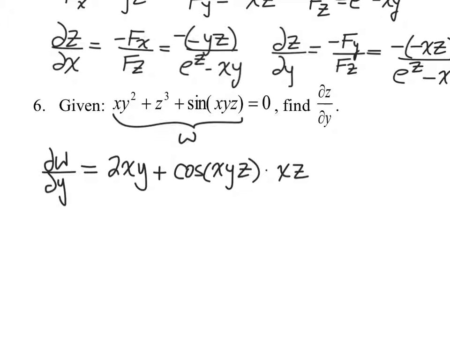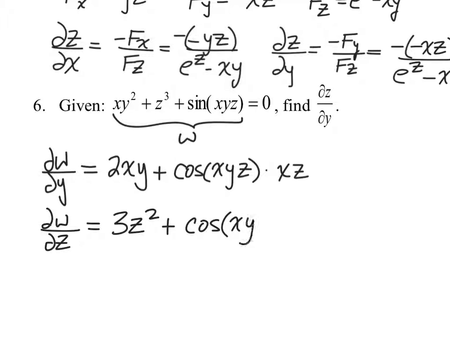All right, so then, I mean, you can clean that up a little bit if you want, but I don't feel the need. Partial with respect to z, 3z squared plus cosine xyz multiplied by the derivative of the inside with respect to z, which would be xy.